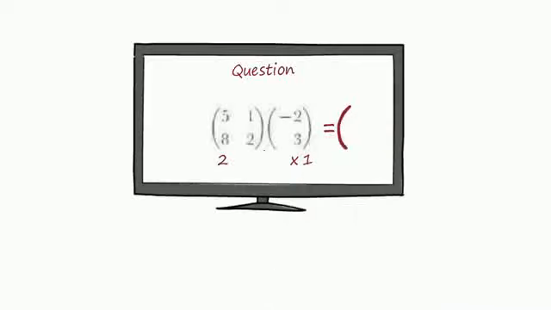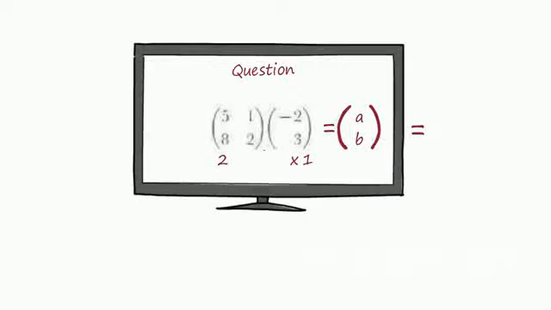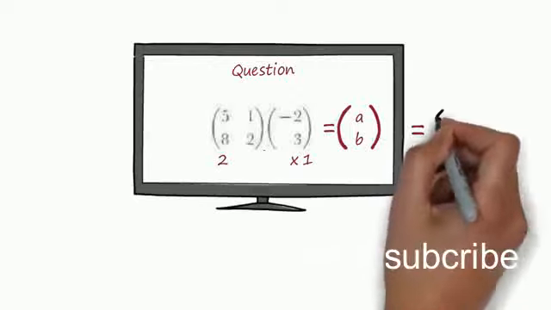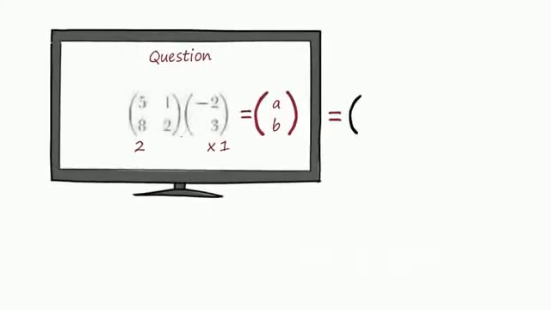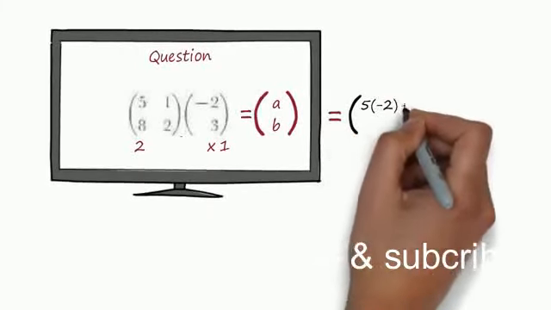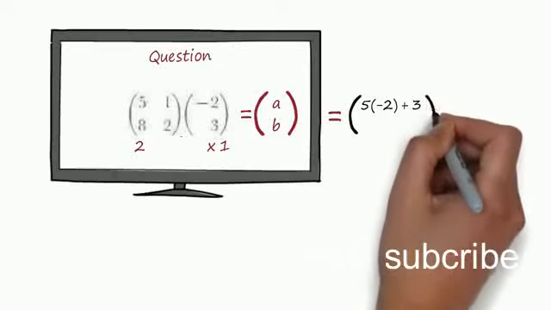So we are multiplying the first row and the column on the next matrix, we add them and we get A. The second row and the first column on the second matrix, and we get B. So how do we do it? 5 times minus 2 plus 3 times 1.